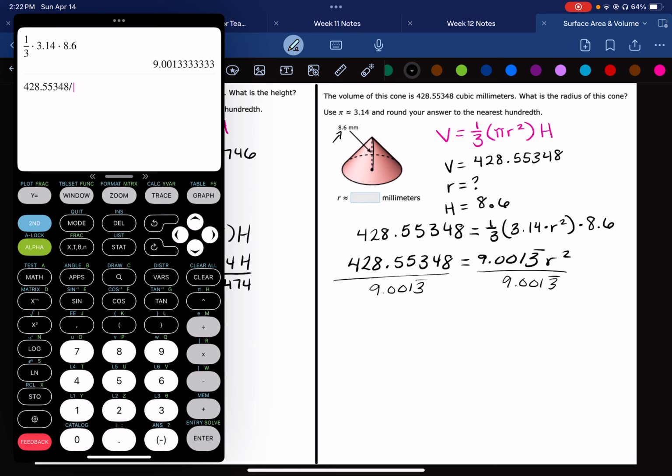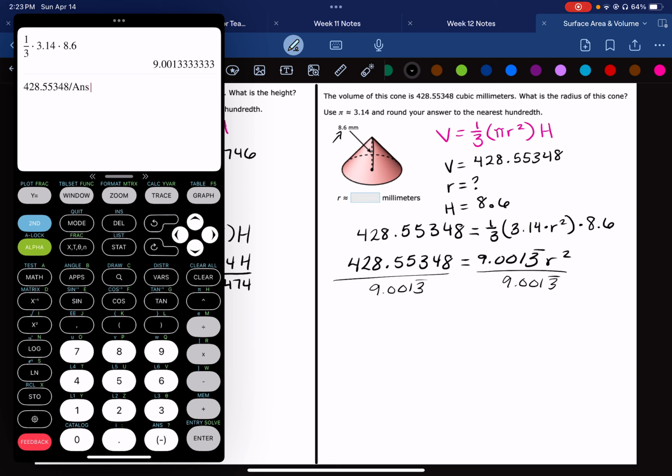I can use a tool on this calculator. I can hit this blue second button in the top left corner, and then right next to the enter button on the left side, we have like a dash in between parentheses. That's the negative button, but right above it in blue, it says ANS. Because I've hit the blue button, when I hit this button, it's going to write that on the screen.